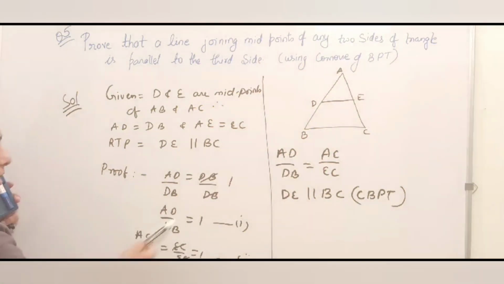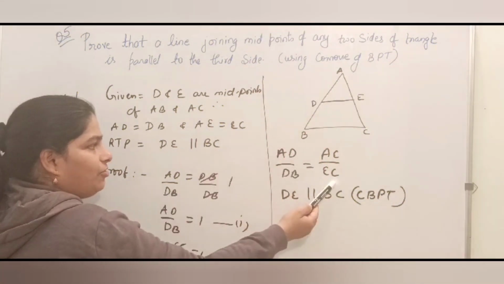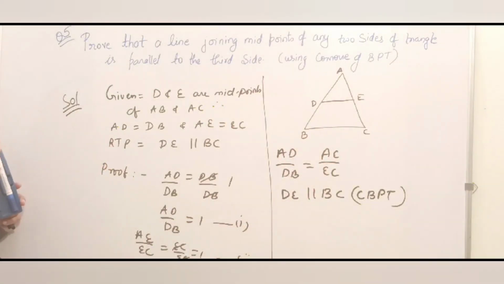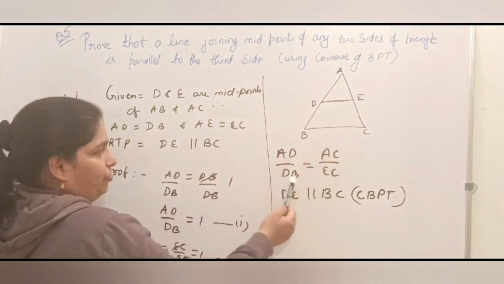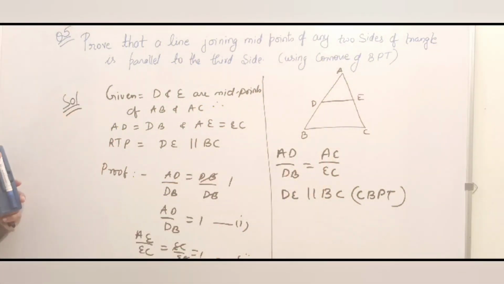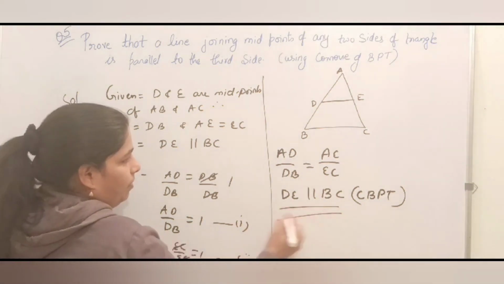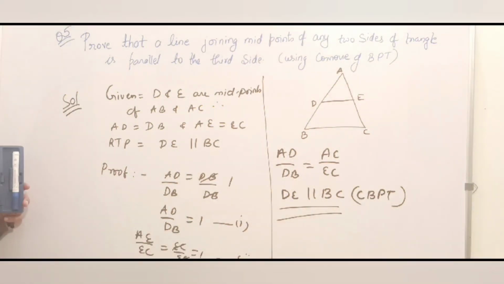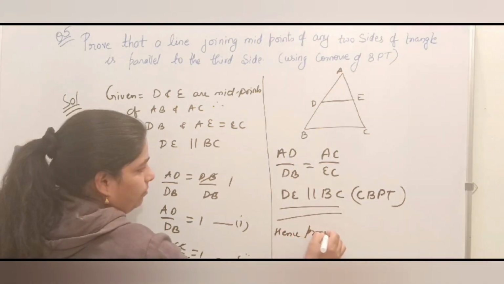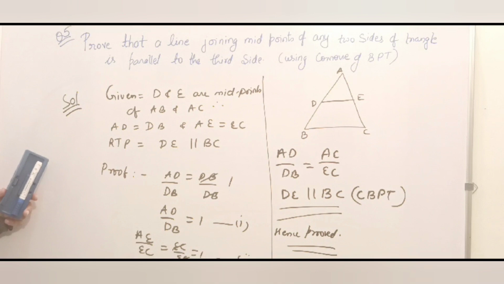We have proved AD by DB is equal to AE by EC. That means the ratios are equal. If ratios are equal, then the lines are parallel. Therefore, DE is parallel to BC. By using the converse of BPT, we have proved this. Okay. So, hence proved. Okay. So, we will be seeing the sixth question now.